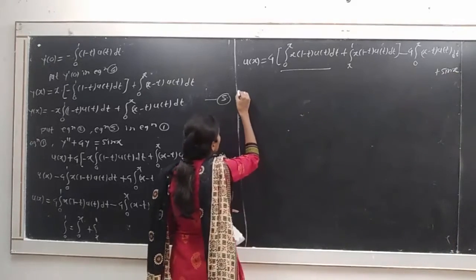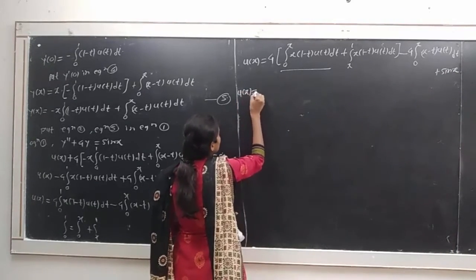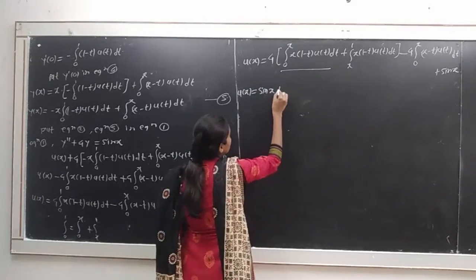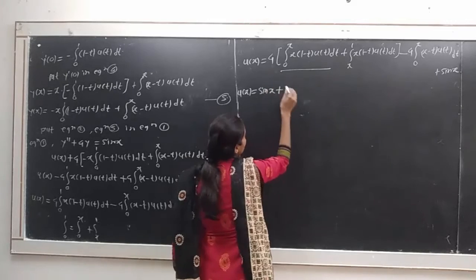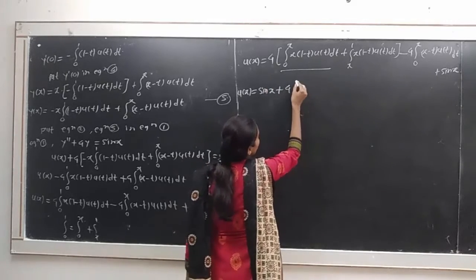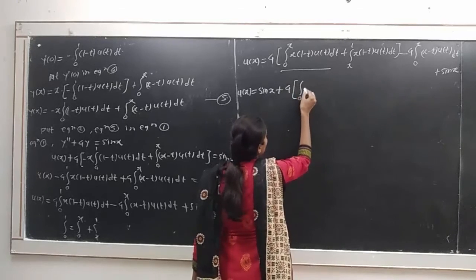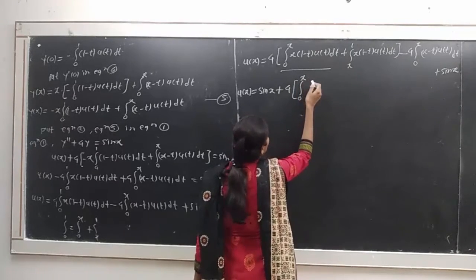Then we get u of x is equal to, we write sin x first, that is sin x plus, we take 4 outside from all these integrals, we get 4 inside the bracket, integration from 0 to x.